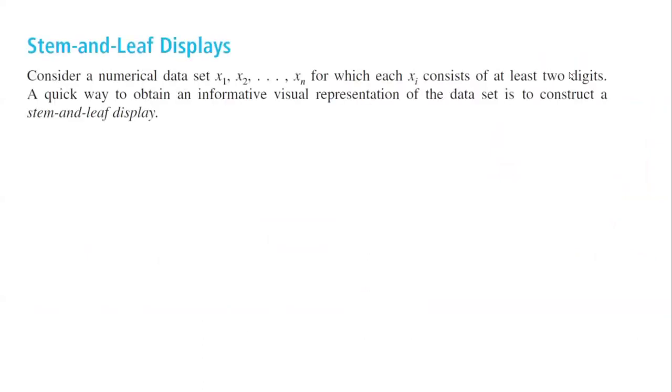Another way to display data is using a stem and leaf display. Consider a numerical data set, x1, x2, and so on, xn. Each xi consists of at least 2 digits. A quick way to visualize the data is using stem and leaf display.